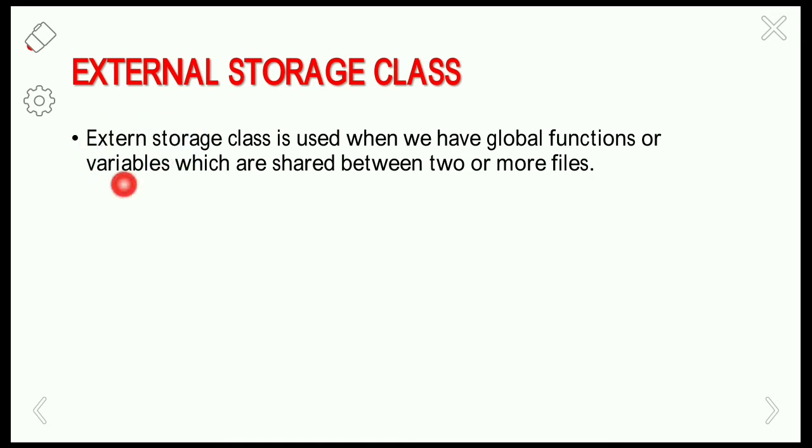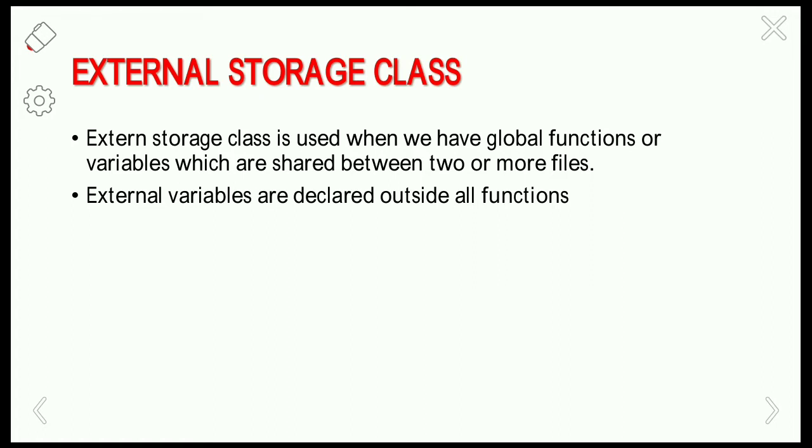That means we can access the global functions or variables which are available in another function or another program also. So we can access the variable which is shared between two or more files.